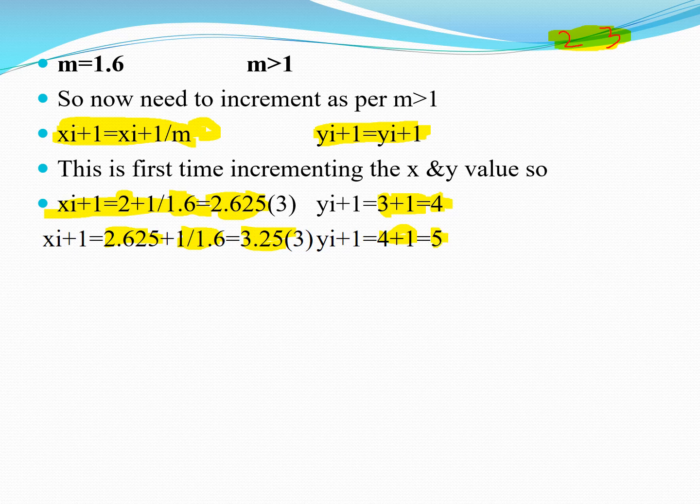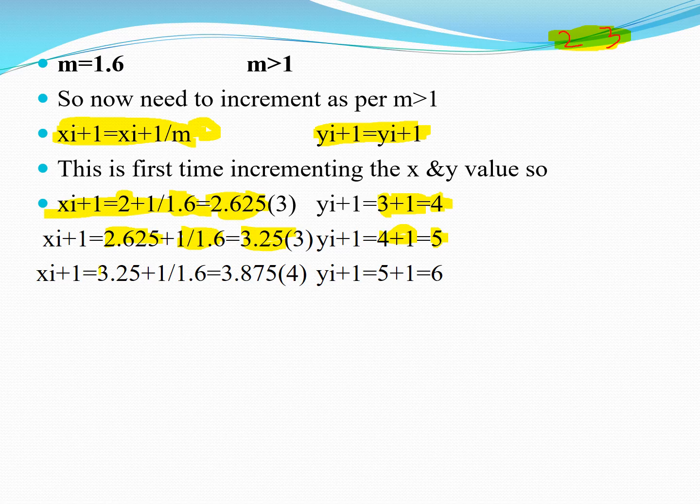Now this is the previous to the next x and y value, right? We have 3.25 as the x value, x of i plus 1 upon 1.6. Now we get 3.875 as the next x value. What is the y value? Previously y is 5. We add 1. That is, y is now 6.